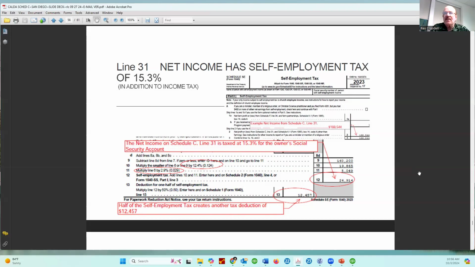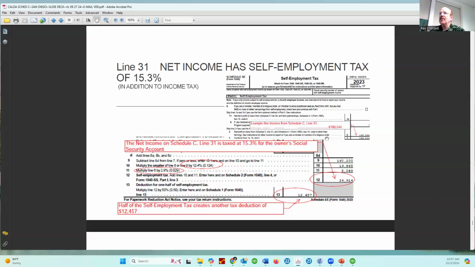The employer pays the other half, because we are going up to 15.3% of the income. And on the W-2, that Social Security is calculated on the gross income, and on self-employed individuals, it's calculated on the net income after expenses. So we're looking for another 15.3% of additional tax on a small business.